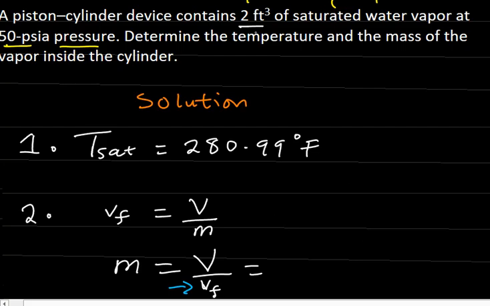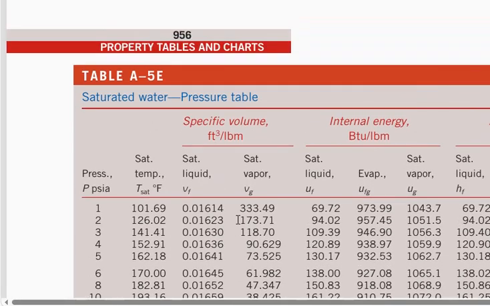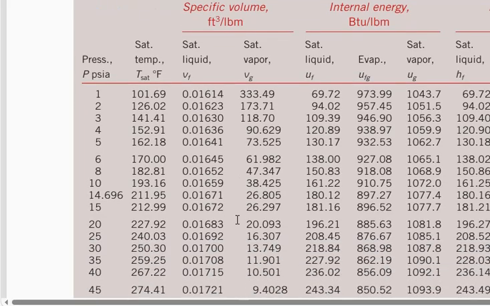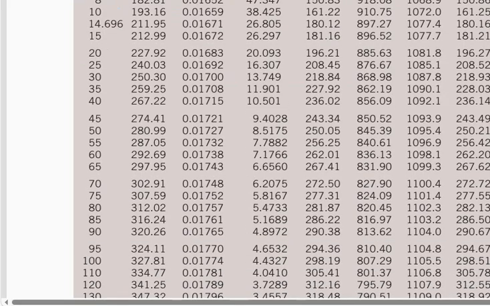So this is going to be 20 feet cube all over 0.01727.